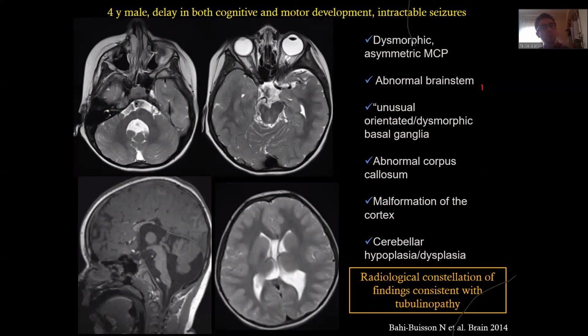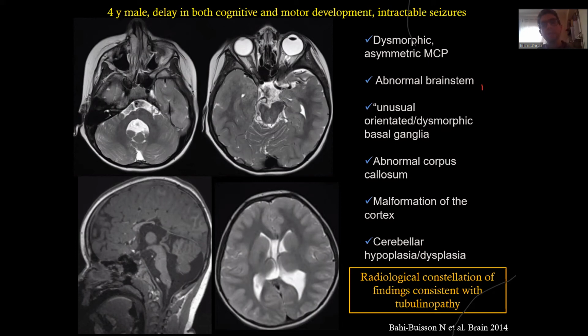Again, you don't need to make the diagnosis of the right tubulin gene, but you can say this constellation of findings involving posterior fossa and cortex and corpus callosum are typical of tubulinopathy. So they will do a panel for tubulinopathy and they will find the gene, and this will change the management of the child.